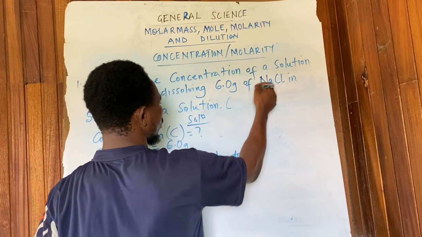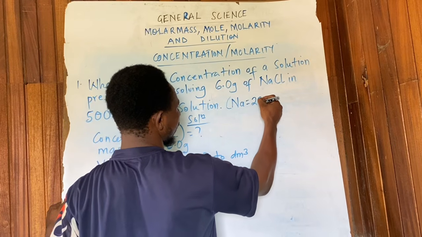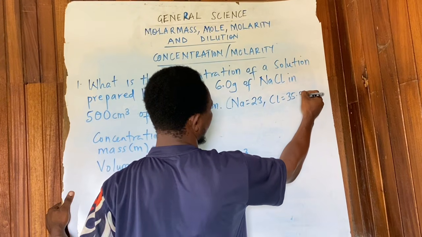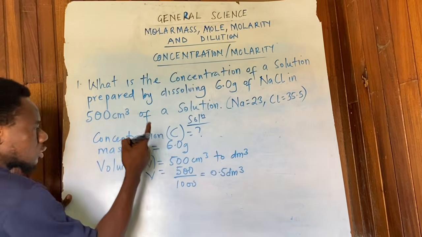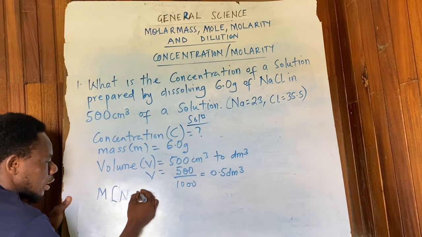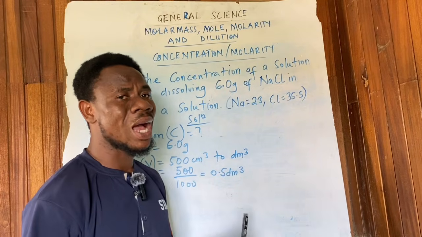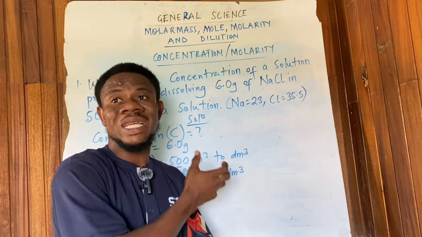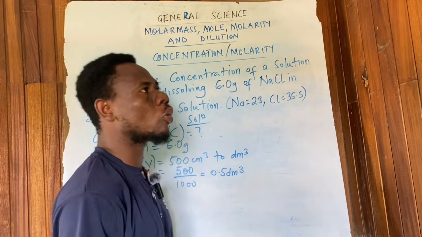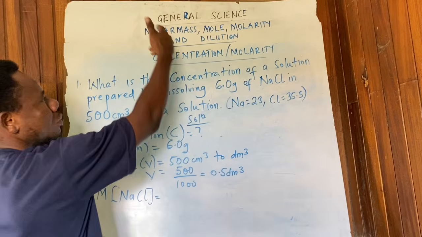Now we have to know our atomic masses. Sodium is 23. Our chlorine here is 35.5. This means we have to calculate the molar mass of NaCl. Concentration is a mix of the molar mass, the volume, and the amount of substance, so we are going to combine all our formulas. That's why I started with the molar mass and the mole.